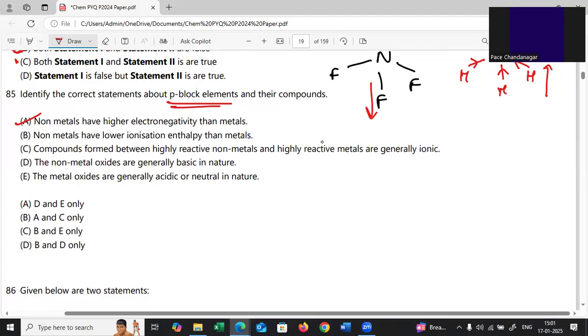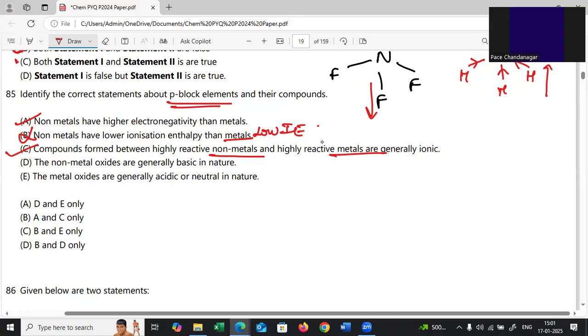Ionization enthalpy means the energy given to an atom to release an electron. Metals easily remove electrons; they don't want much energy to be given in. So for metals there will be low ionization energy. They say non-metals have low ionization, which is wrong.